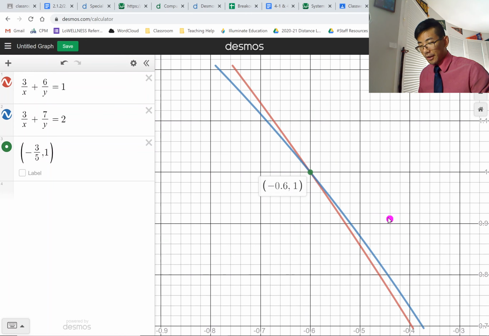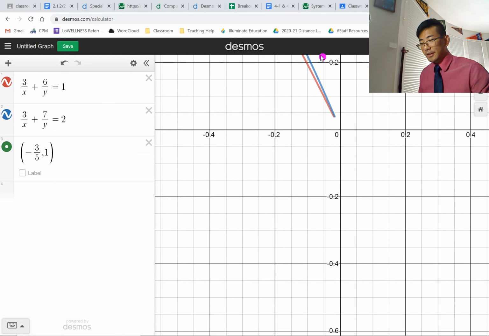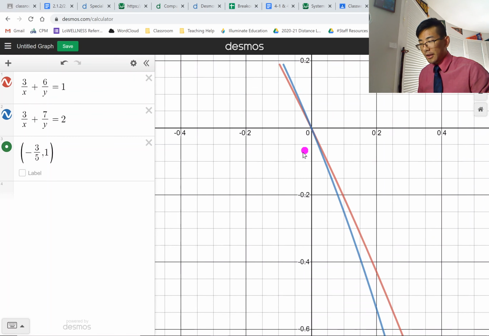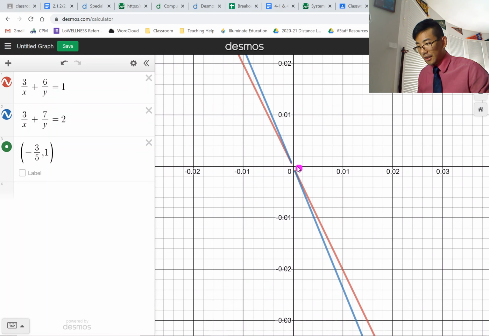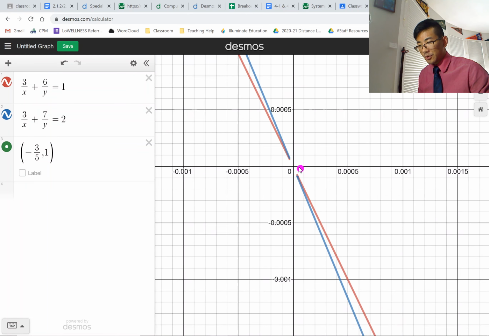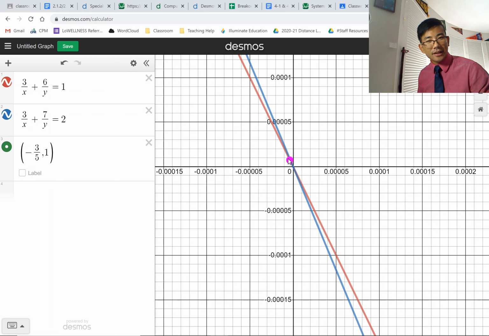Now, it does look like they intersect again down here at 0, and Desmos will not let me trace the graph here, unfortunately. But as you can see while I'm zooming in, the reason it's getting filled in is that you could plug in closer and closer values to the origin. But remember, 0, 0 is not in the domain or the range of either of these, because you can't plug in 0 for x and you won't get 0 for y, since that would involve dividing by 0.